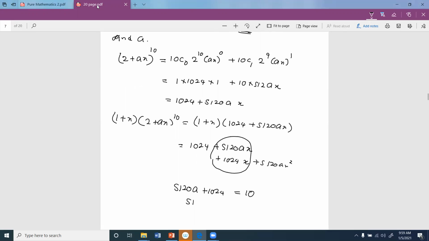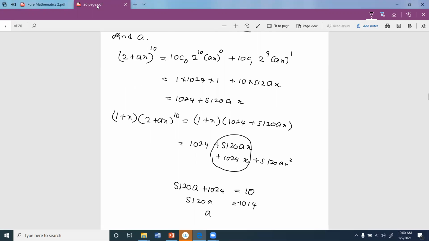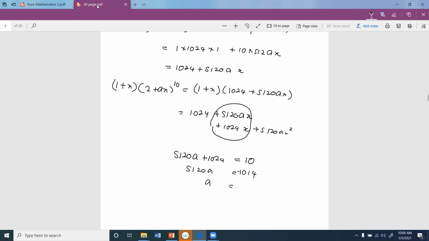Then you can say 5120a equals minus 1014. Then a becomes minus 1014 divided by 5120, right? So you get this answer: minus 1014 whole thing divided by 5120.